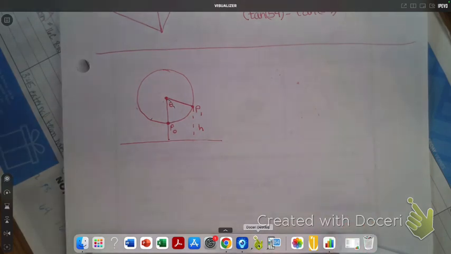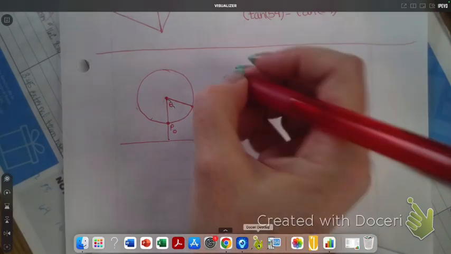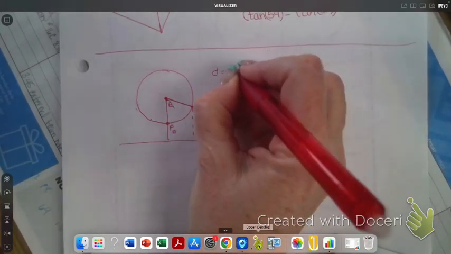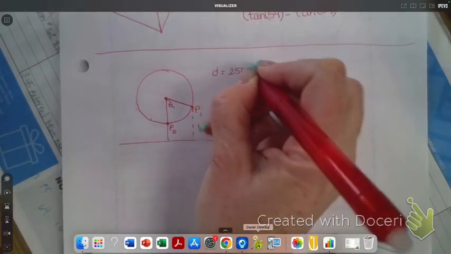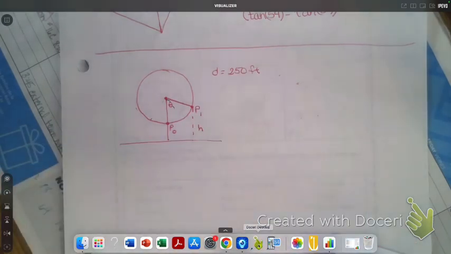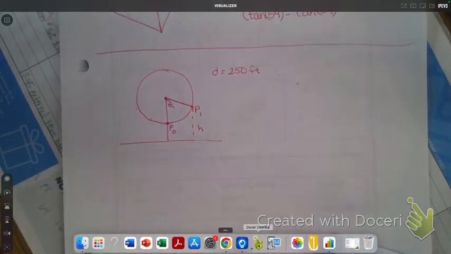So the information they told us about this Ferris wheel at the beginning was that the diameter of the wheel is 250 feet. There's 36 cars.